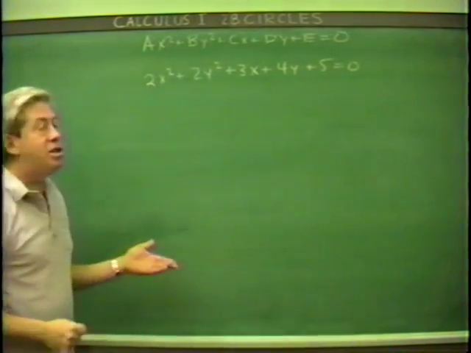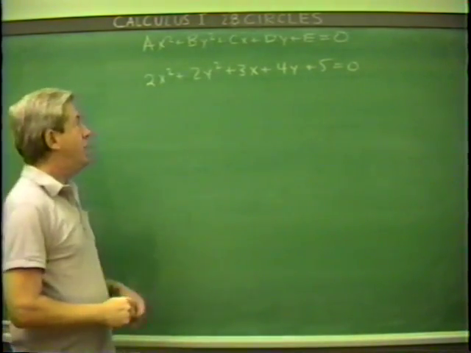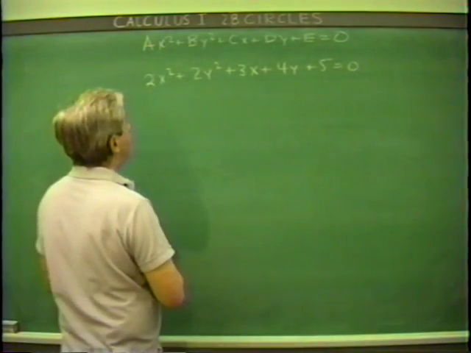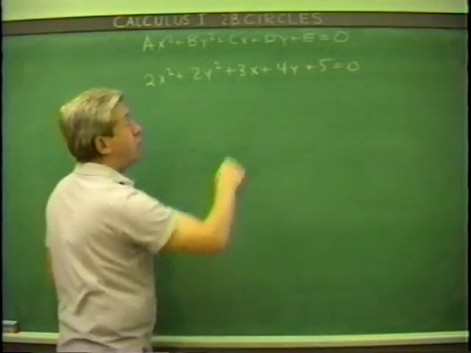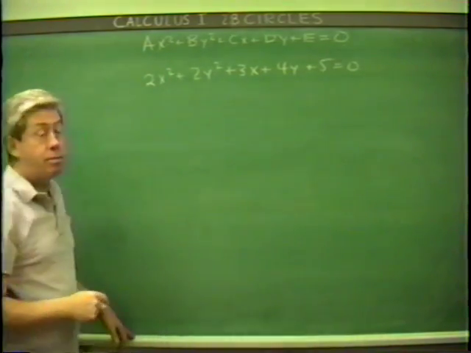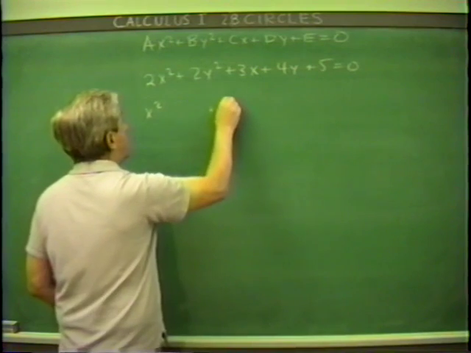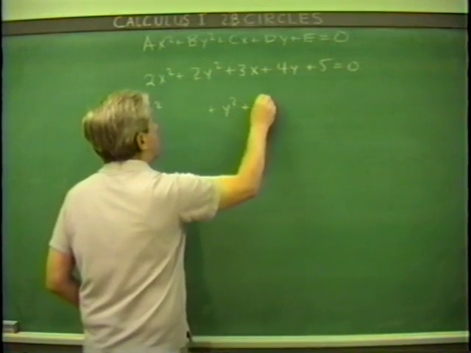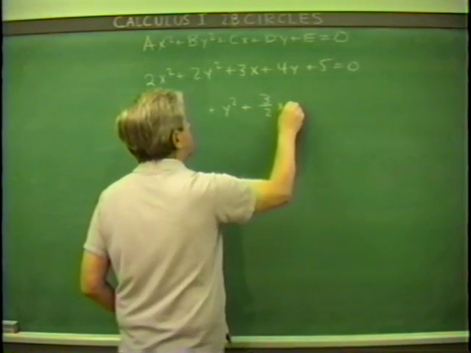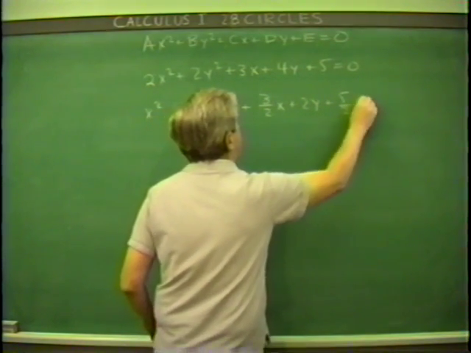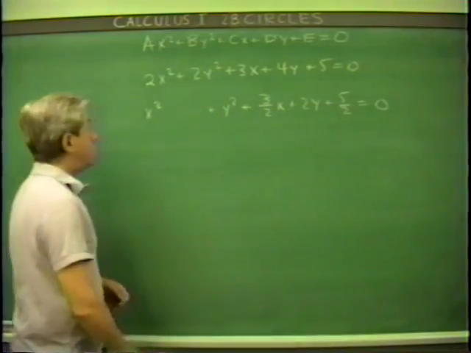I'm going to change this equation if it doesn't turn out to be what I want it to. The first thing I want to do is divide by the quantity a, so that I get x squared plus y squared plus 3 halves x plus 2y plus 5 halves is equal to 0.